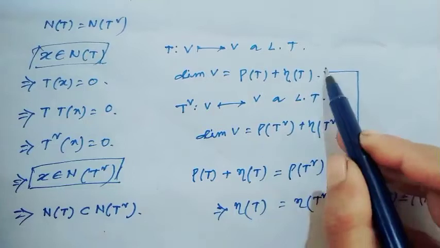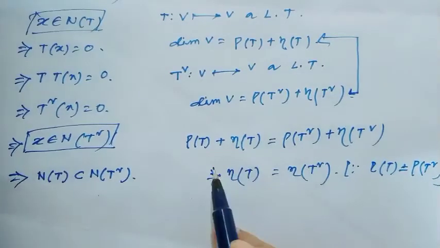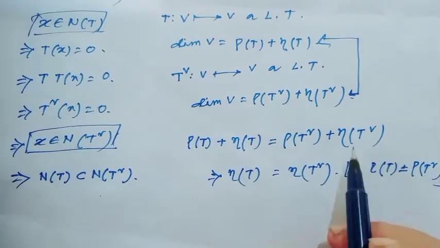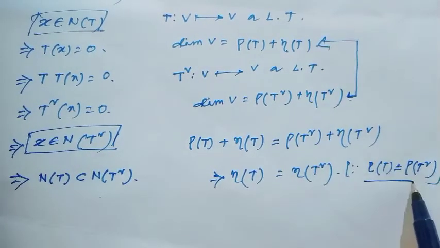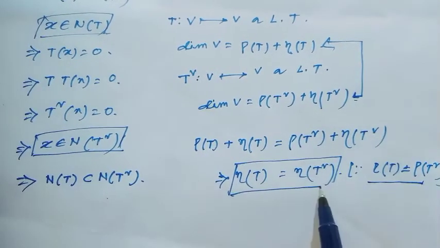Then just equate these two equations. Then rank T plus nullity T equal to rank T square plus nullity T square. And since rank T equal to rank T square, that implies nullity T equal to nullity T square.